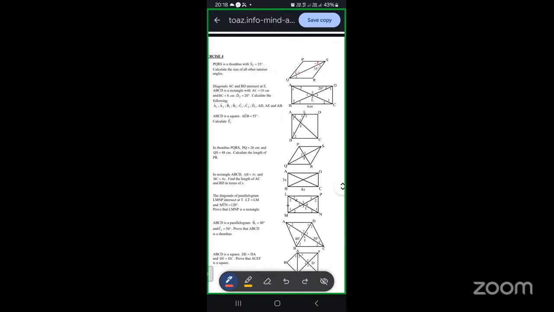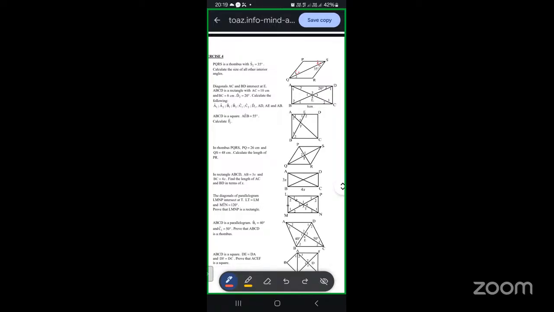Do you guys agree when I say this angle, S1, this one, is 35 degrees?